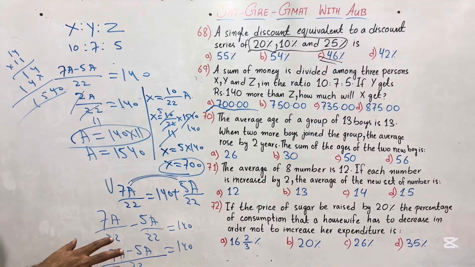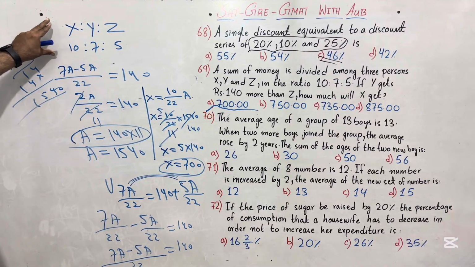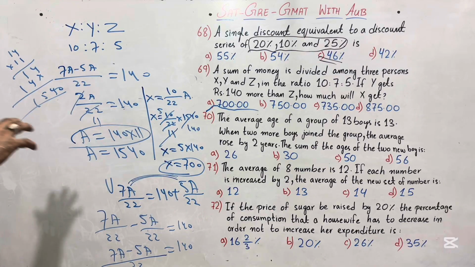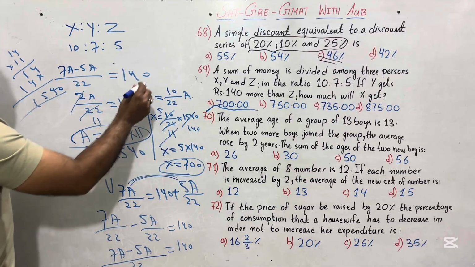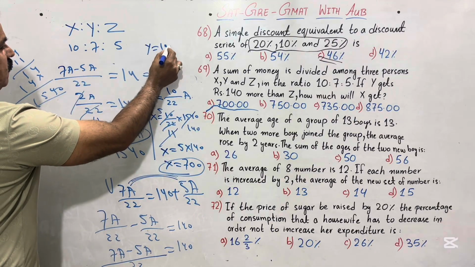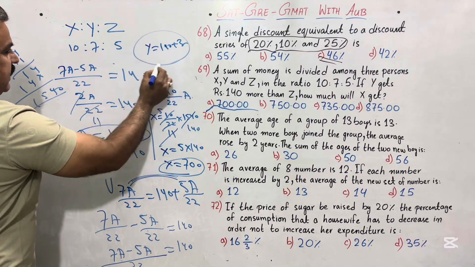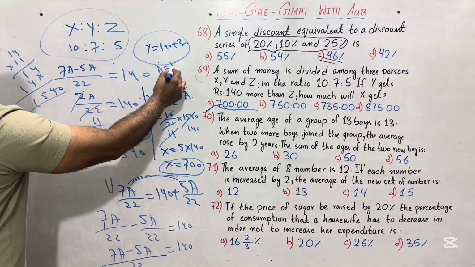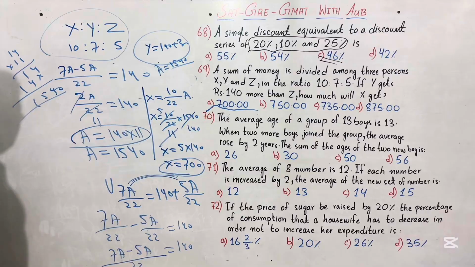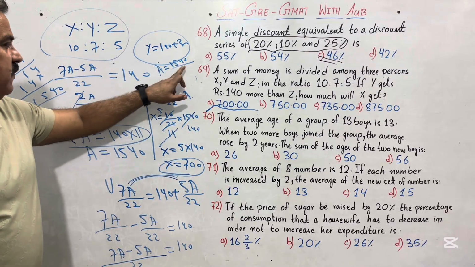We were given a ratio, in which we have to distribute some amount of money among X, Y, and Z. Furthermore, we were given that Y gets 140 more than Z. Utilizing this fact, we obtain the amount, that is 1,540.